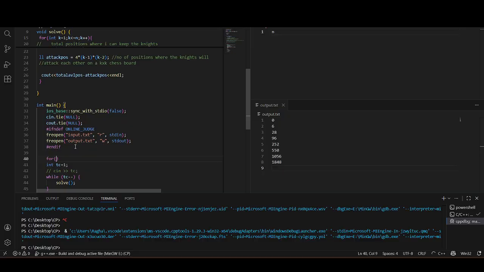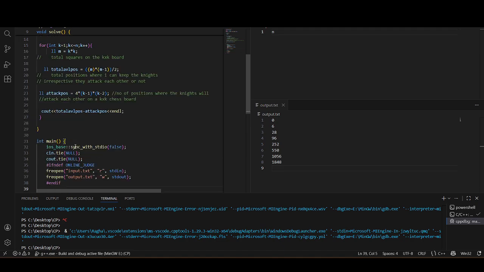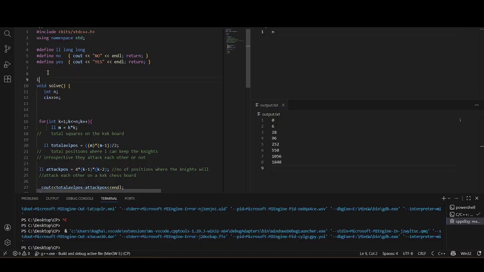Let me show how. So for int k equals 1, k less than or equal to 10,000, and k plus plus, I will just store it. So int answer of size 10,001, I will declare it and initialize everything with 0.